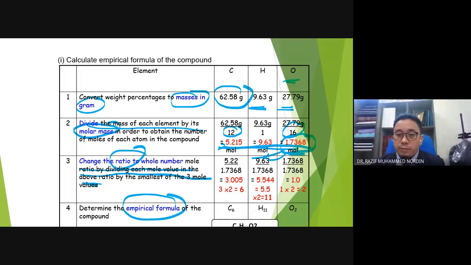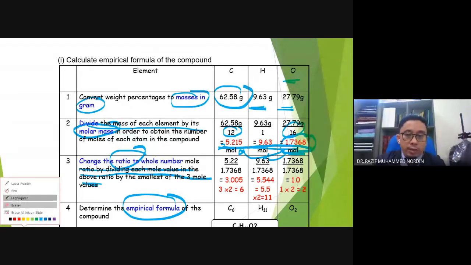Okay. Use it as the denominator. 1.22, or if you put 1.25 there it is also fine. Dividing by 1.7368, you will get somewhere around 3.005. And then 9.63, you will get 5.5.